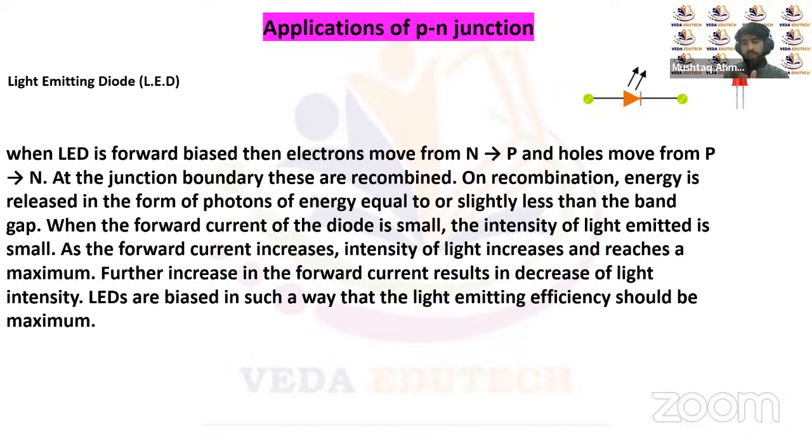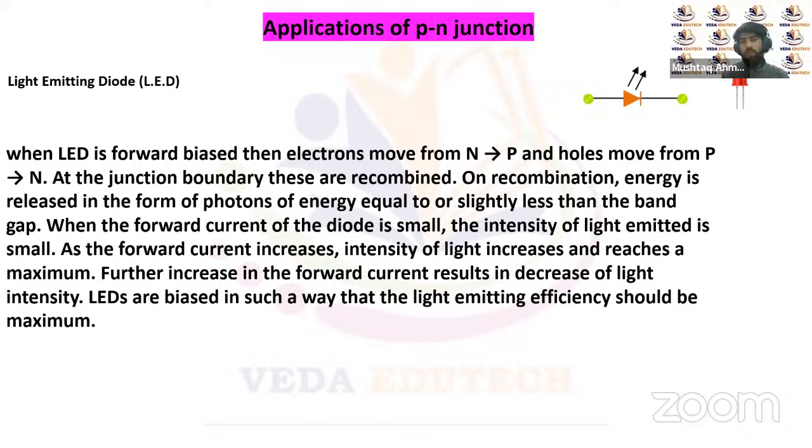So recombination of these electron hole pairs takes place, which leads to the emission of the radiation, right? And that radiation is used for different purposes in case of LEDs, right?